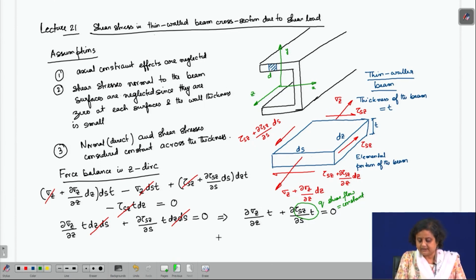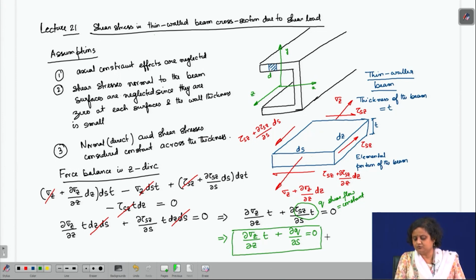Therefore, this expression can be written as del sigma z by del z into t plus del q by del s is equal to 0. This is an important expression and will be used further to derive the expression of the shear stress.